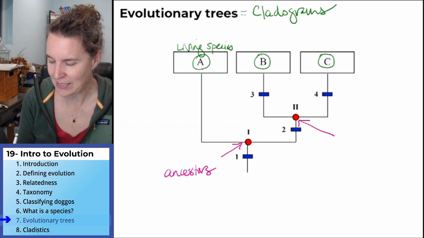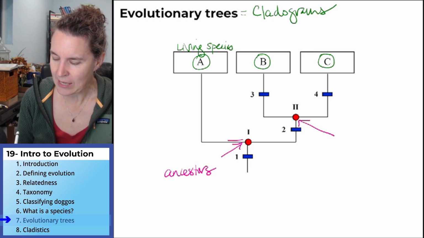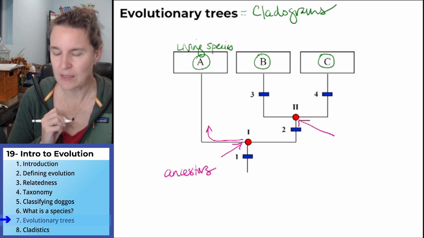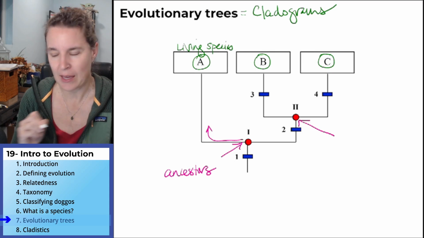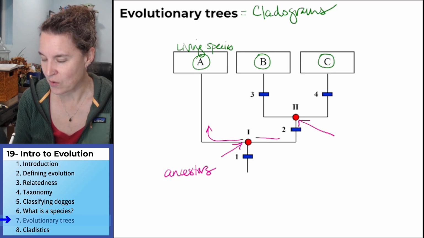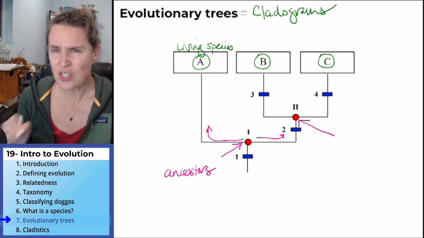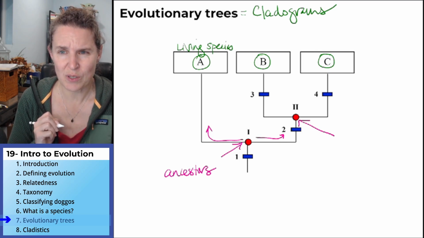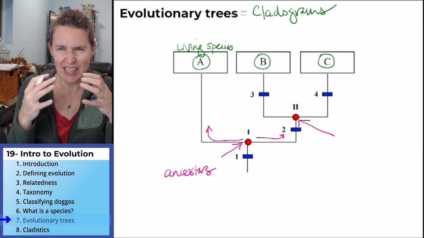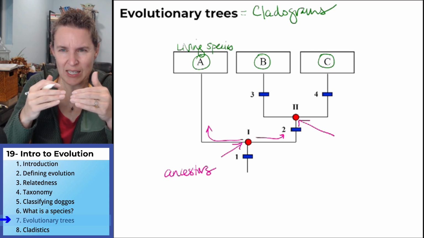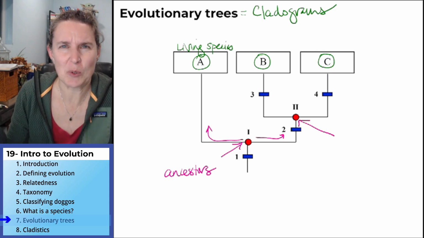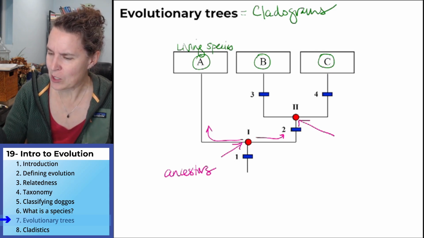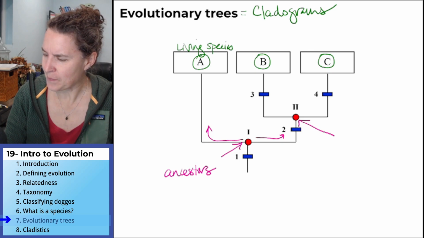We have an ancestor that gives rise to living species A, and it also gives rise to ancestor number 2, right? Do you see that? Like, ancestor number 1 isn't alive anymore.